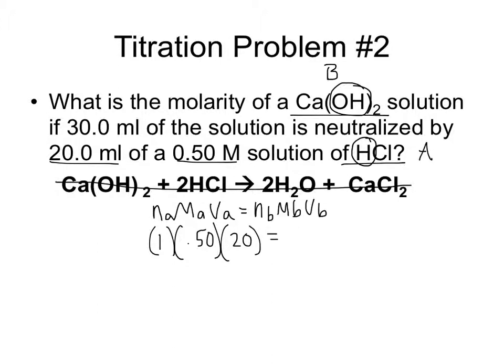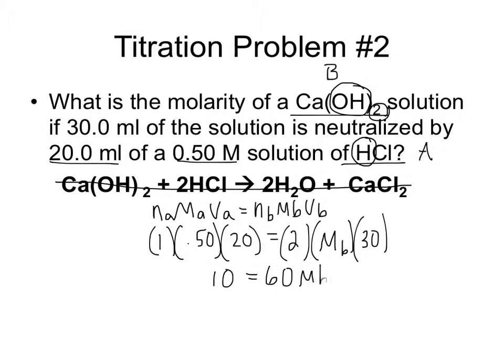And for the base, we have 2 hydroxide ions. I'm going to put that as Nb. I'm solving for the molarity of the base, and the volume is 30 milliliters. We're going to go ahead and multiply each side. So half of 20 is 10, and 2 times 30 is 60 Mb.